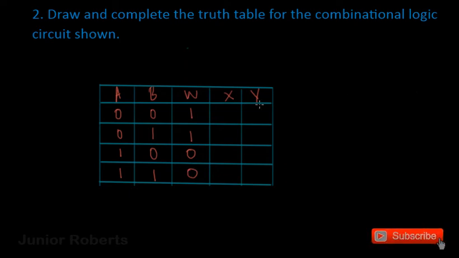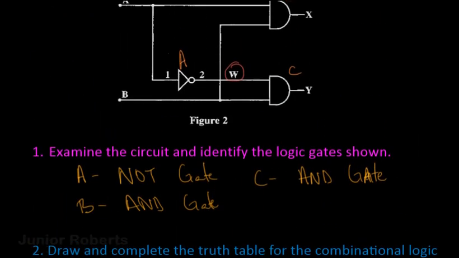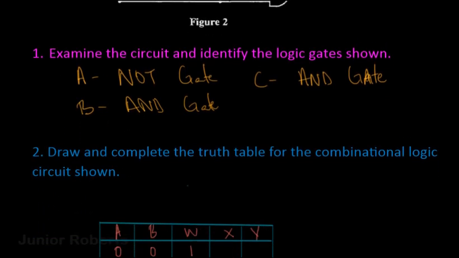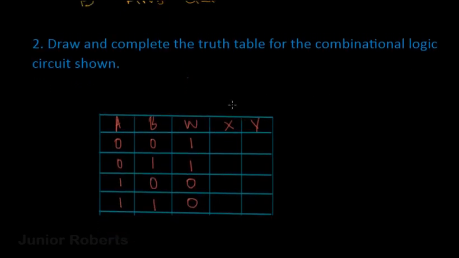Now we're going to start to fill out column X. Again, we need to focus on the gate that controls column X. X is the output of an AND gate, and this AND gate is connected to our input A and input B. So we're going to look at those two inputs and consider the function of an AND gate.